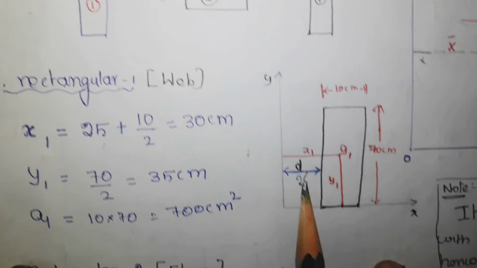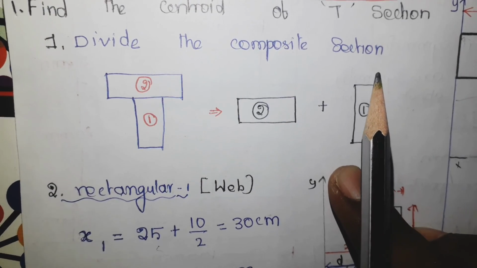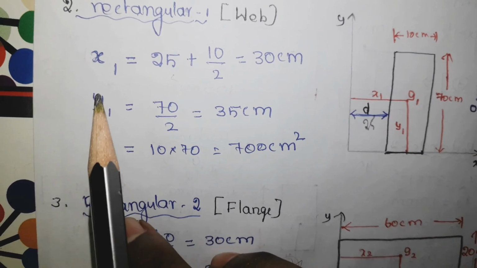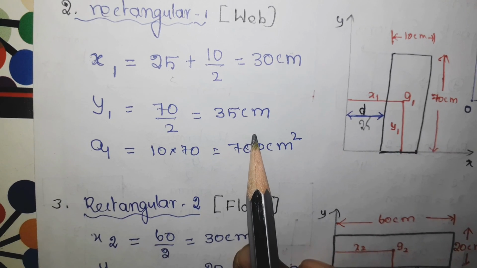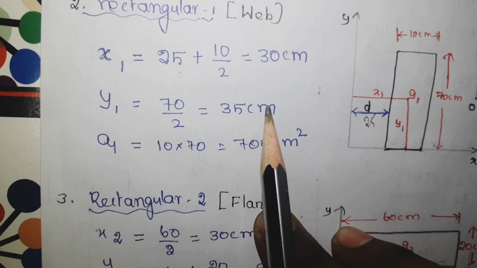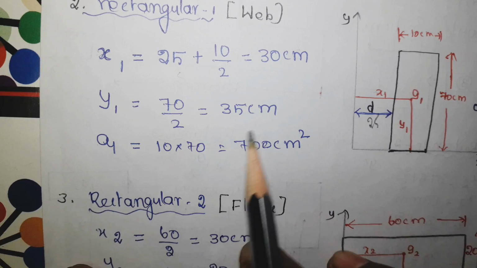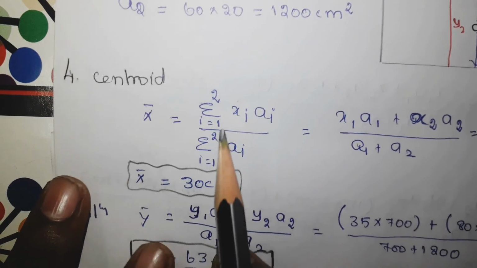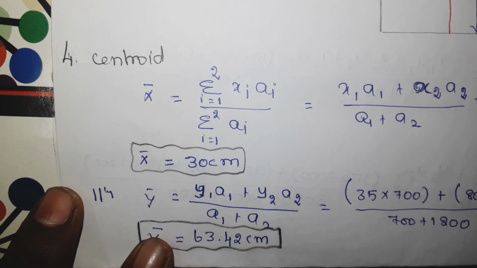Then the first step is to divide the entire area into regular shapes, square, rectangle, etc. Then find the x coordinate, y coordinate and area for every individual section. Here we have only 2 rectangles; in some problems you may have more than 2. So repeat the same procedure, x1, y1, a1 for every section. Then the last step is using this formula, you can easily get the answer for x bar and y bar.